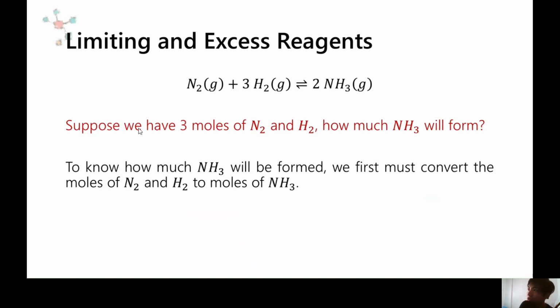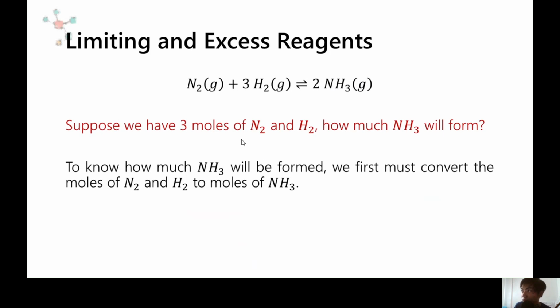No? So suppose we have 3 moles of N2 and H2. How much NH3 will be formed? No? Ito yung thing with the limiting and excess reagent problems. Usually, dalawang substance yung binibigyan ng amounts.